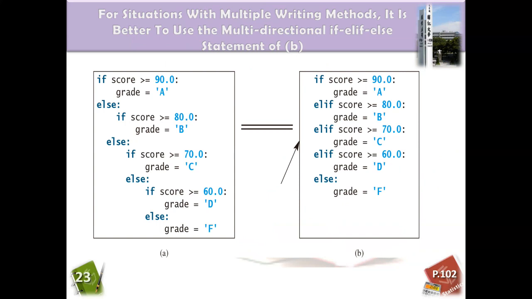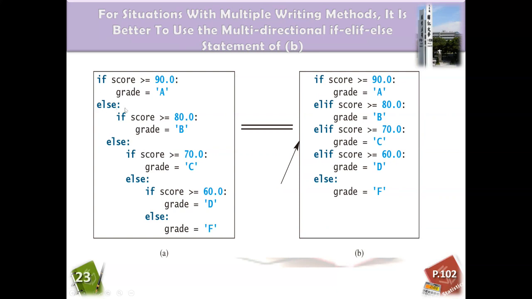For example, for a situation with multiple branches, it is better to use the multi-way if-else statements. What does it mean? If you have too many ifs, you can use else if. As I mentioned, else if is a keyword. Else if means else, and if you do not satisfy the first statement, then check the second statement.